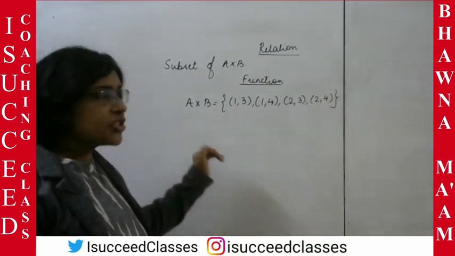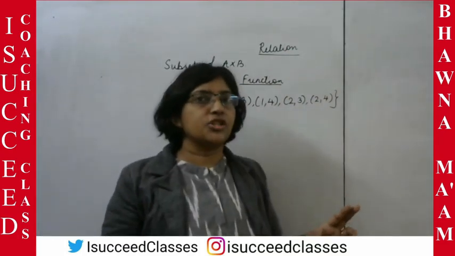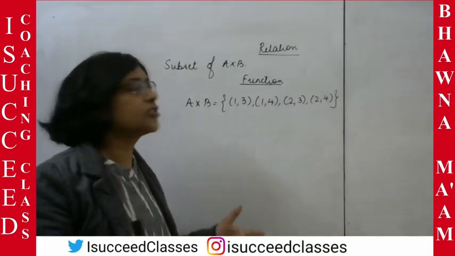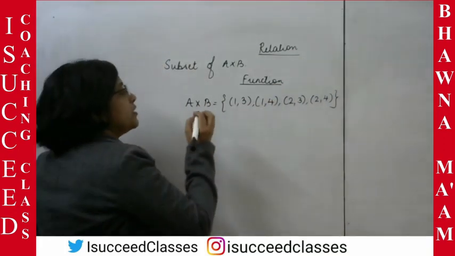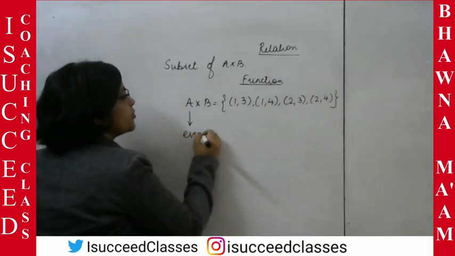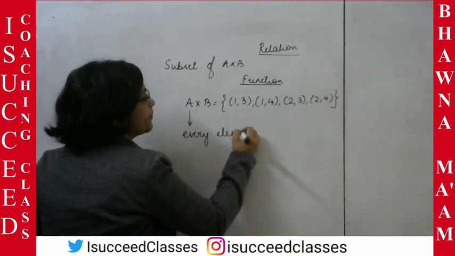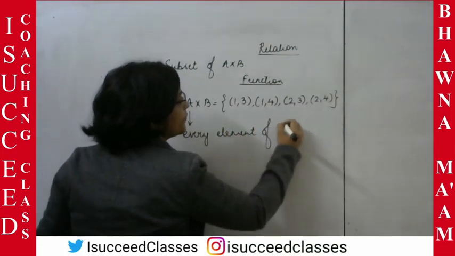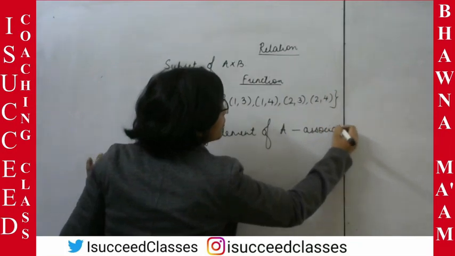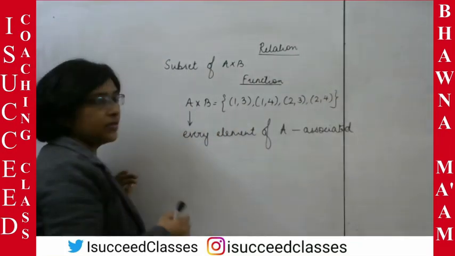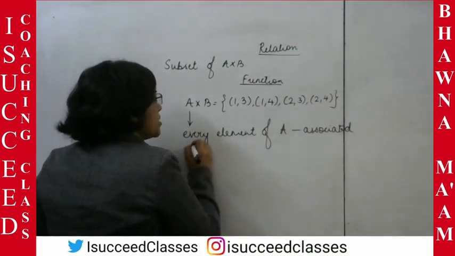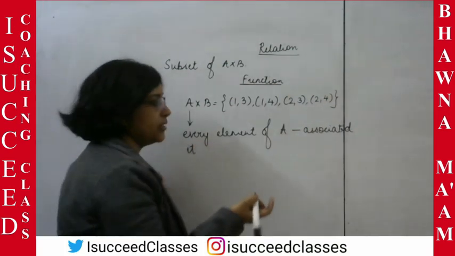However, a function is also a relation, but it has some conditions that apply to it. What are those conditions? The first thing is, every element of A should be associated. The next, it should be associated uniquely.